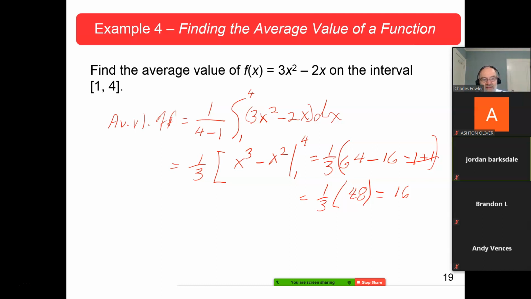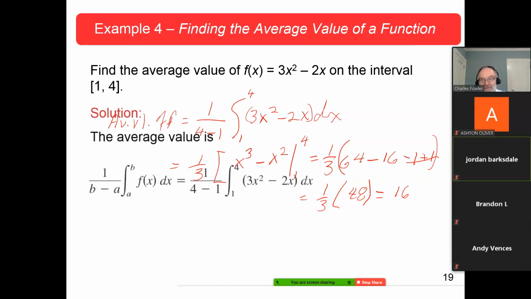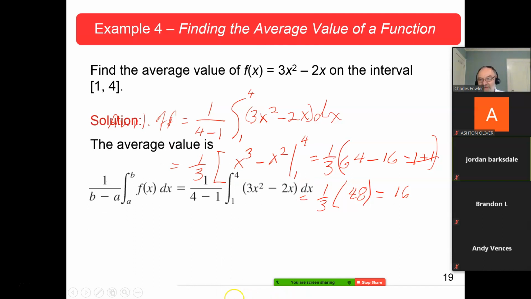Let's see how they did it. Now, unfortunately, I can't erase this, so I'm going to sort of write over it here. The average value is this definition right here, just like we did. 1 over b minus a times the integral from a to b of f of x dx, where a is 1, b is 4, f of x is 3x squared minus 2x.